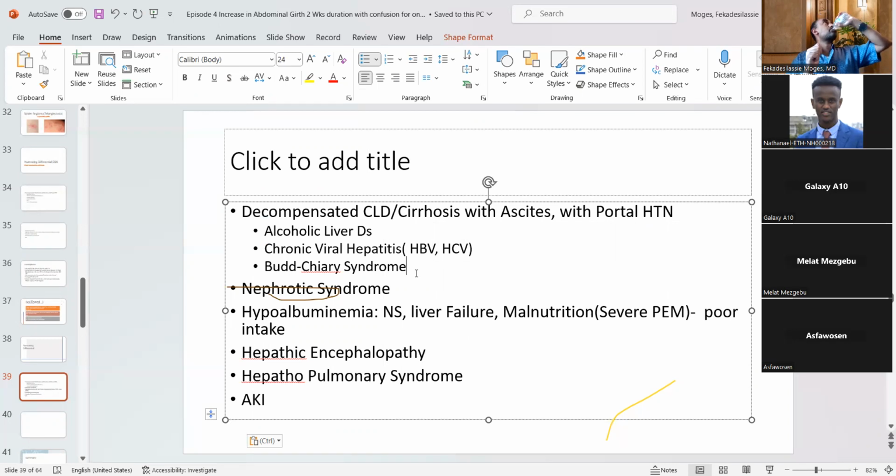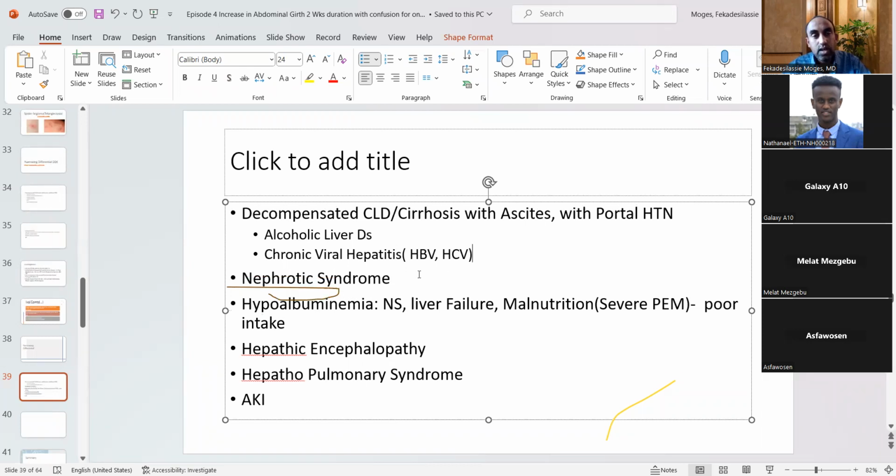Unless it is ruled out with ultrasound, you can keep it. Ultrasound has ruled it out. Yes, nothing on ultrasound. There was no evidence of portal or hepatic vein thrombosis, so it's out. Nephrotic syndrome?